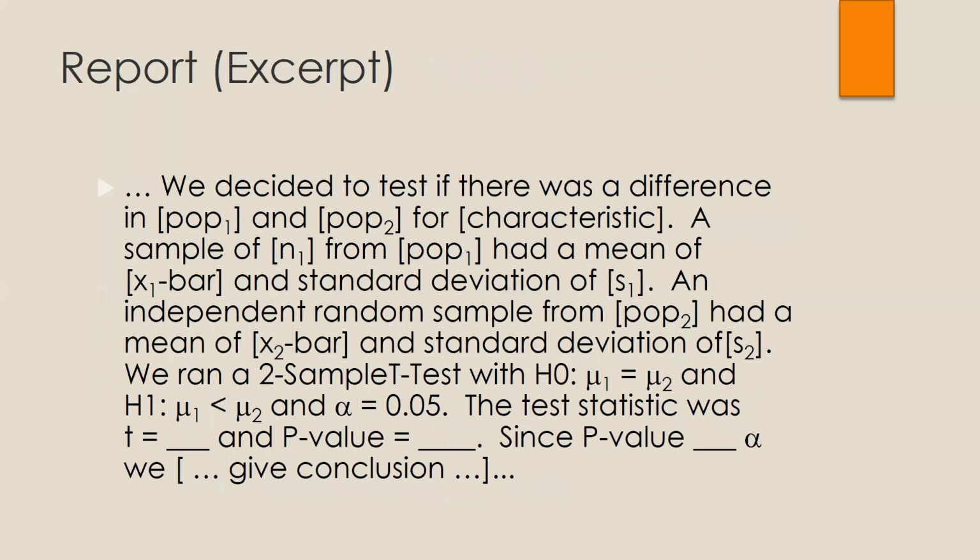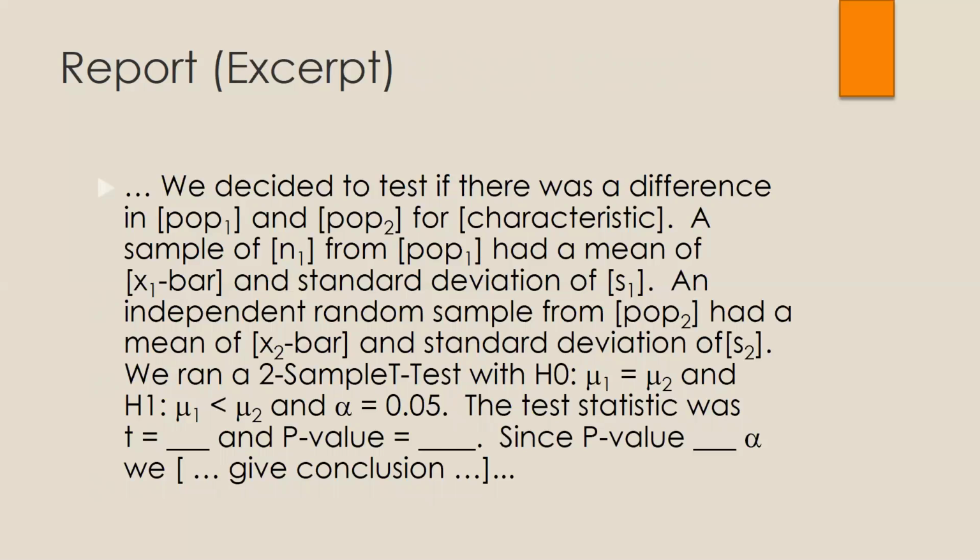So here's an excerpt of what might appear in a report. We decided to test if there was a difference in population 1 and population 2 for whatever characteristic or measurement we're taking. A sample of n1 from population 1 had a mean of x1 bar and a standard deviation of s1.